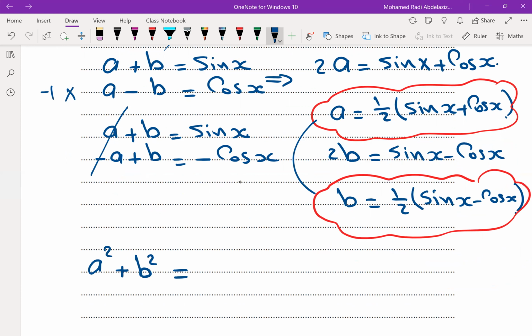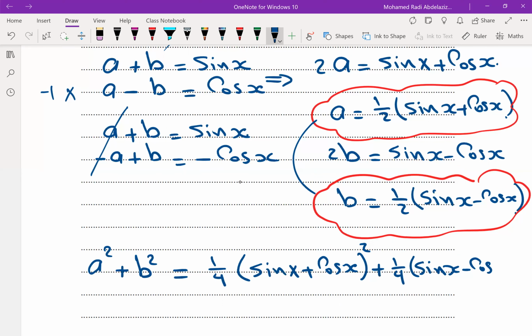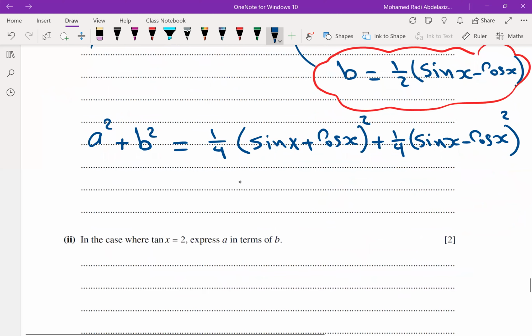After squaring, the first part will be a fourth, half squared is a fourth, and sine x plus cosine x the whole squared, plus a fourth, then sine x minus cosine x all to the power of 2. Simplify, you will get a squared plus b squared is equal to a fourth.